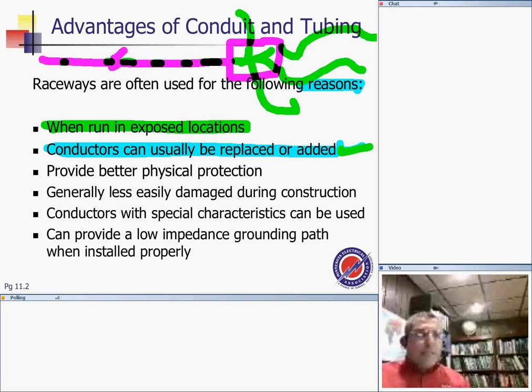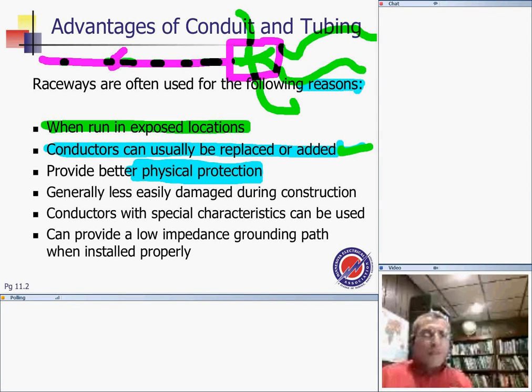Another advantage obviously is physical protection. Definitely, MC cable does not provide as good protection as an EMT conduit, or rigid. As a matter of fact, we can sometimes put an MC cable inside a rigid or PVC for physical protection. So if you need physical protection, definitely a conduit such as EMT.